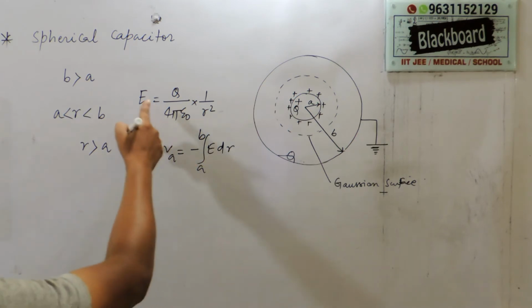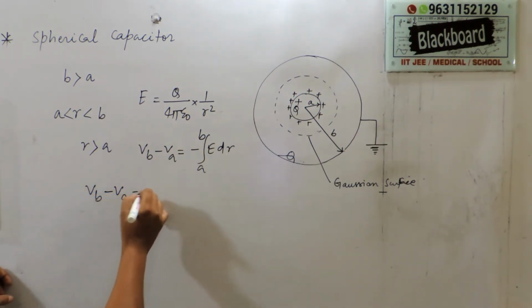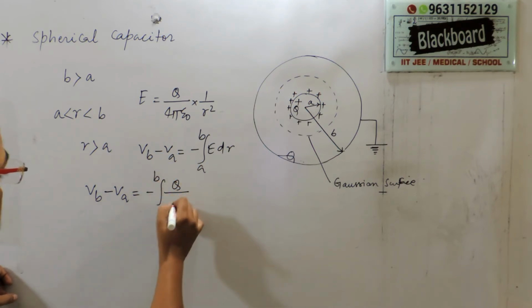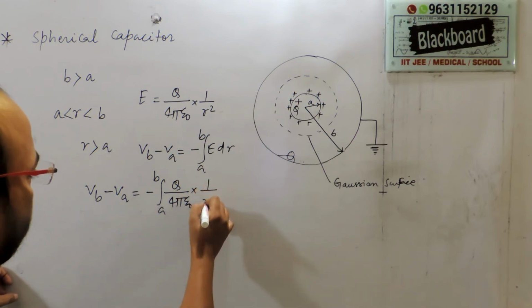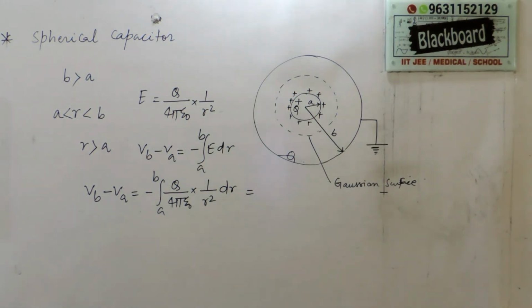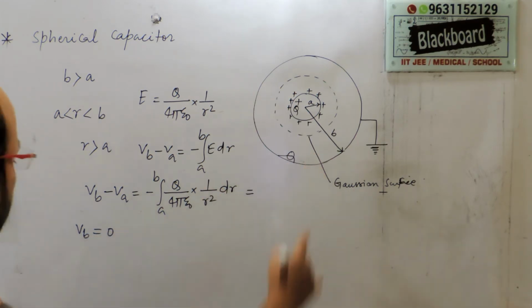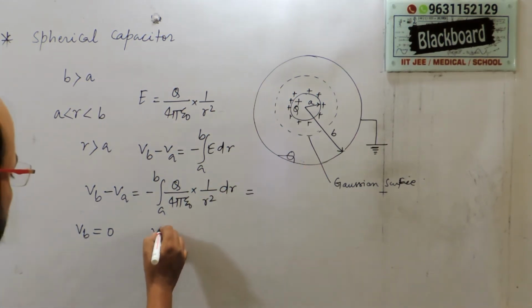Put the value of E: VB minus VA is negative integral from a to b of q by 4 pi epsilon naught into 1 by r square dr. Now VB is 0 because it is earth.